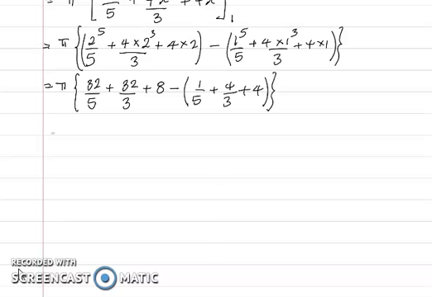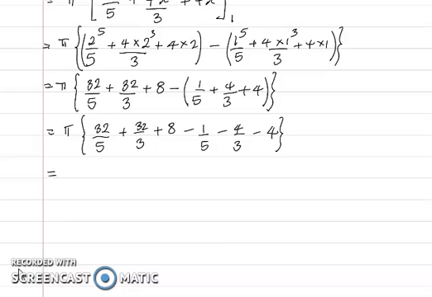All right, and then this becomes pi times 32 over 5 plus 32 over 3 plus 8 minus 1 over 5 minus 4 over 3 minus 4.